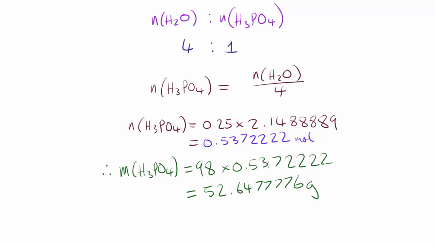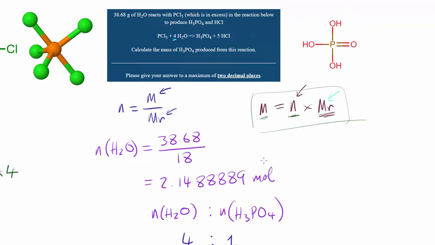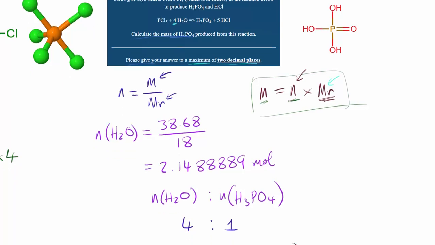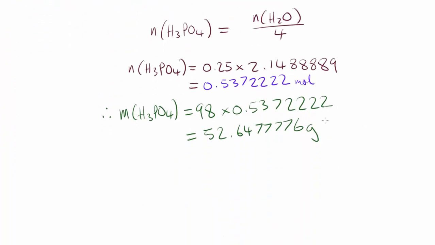So we have actually got a figure for mass now. Let's double check what we've been asked to do. It says calculate the mass of H₃PO₄, so we've done that. And then it says give your answer to a maximum of 2 decimal places. So we've worked out a mass, but we haven't quite worked out the answer in the format which has been specified.